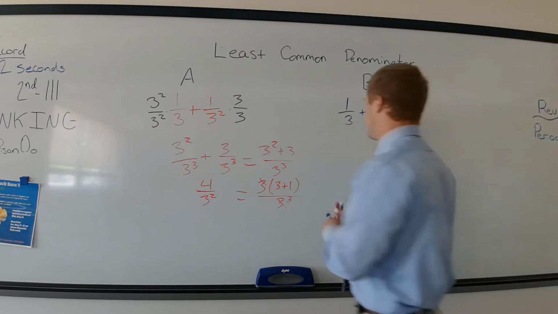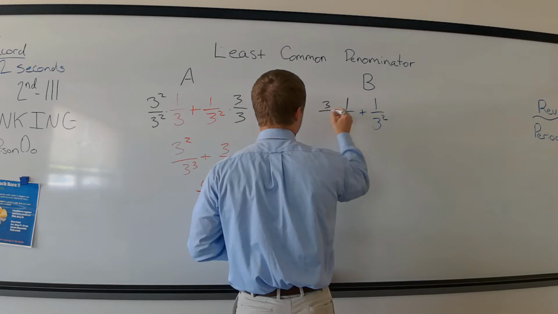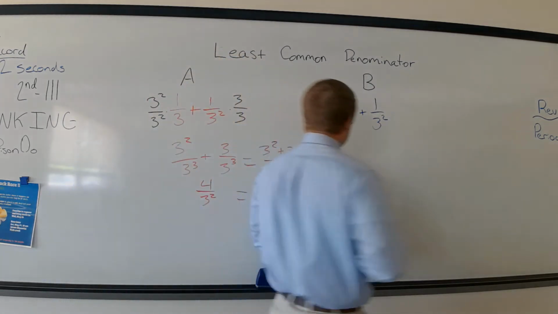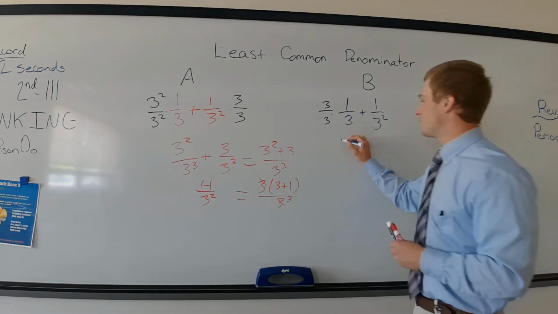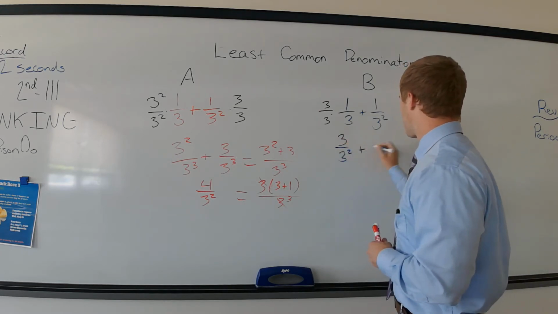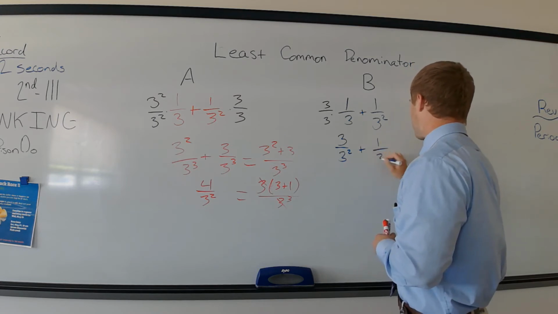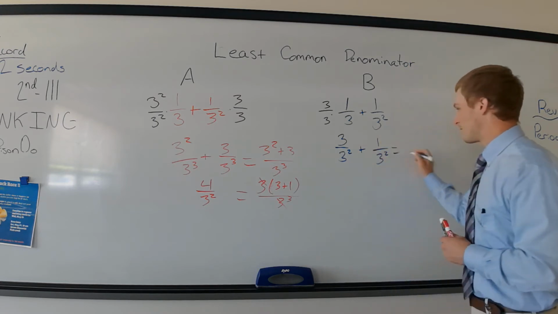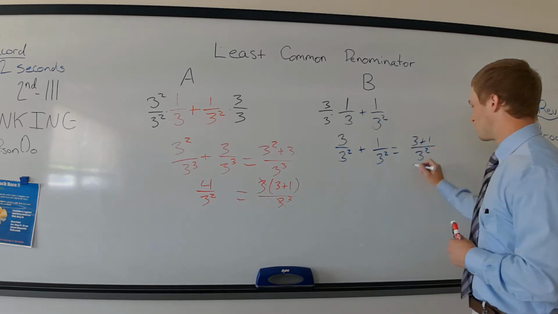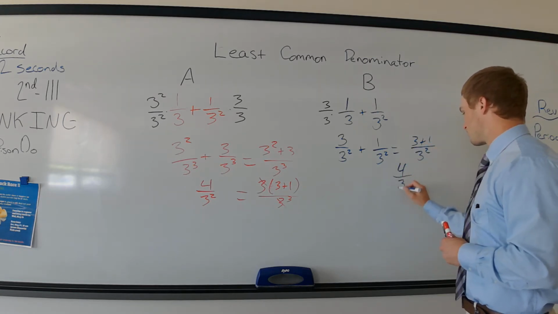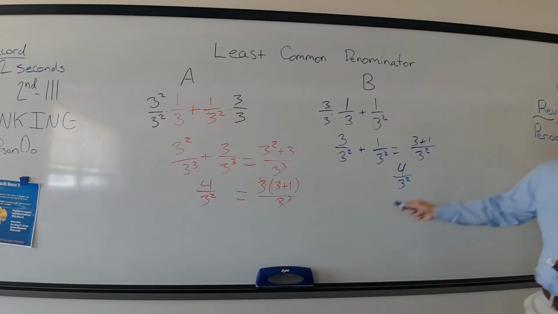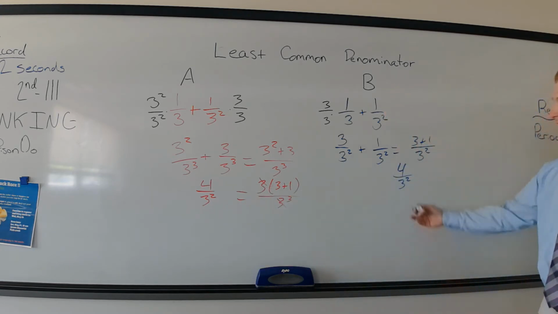So if I do that, multiply by 3 squared, I'll get 3 over 3 squared plus 1 over 3 squared. And that's going to equal 3 plus 1 over 3 squared, which is 4 over 3 squared. So we got to the same answer here and here, but we did it different ways.